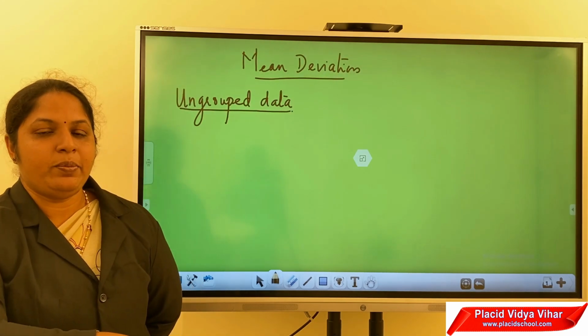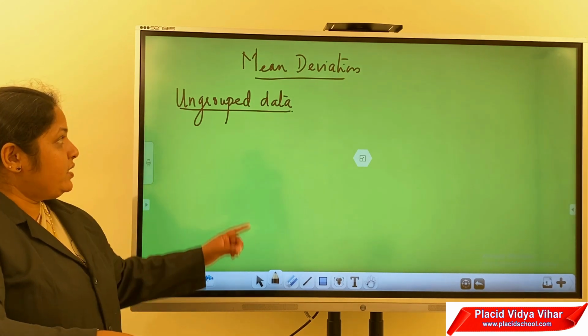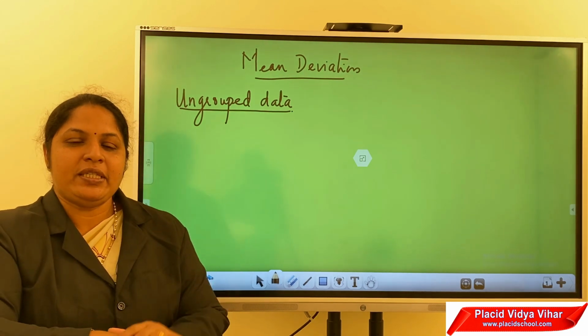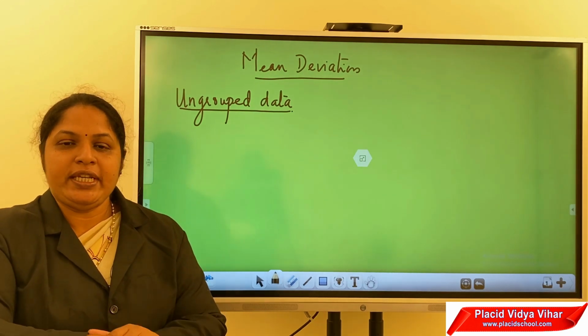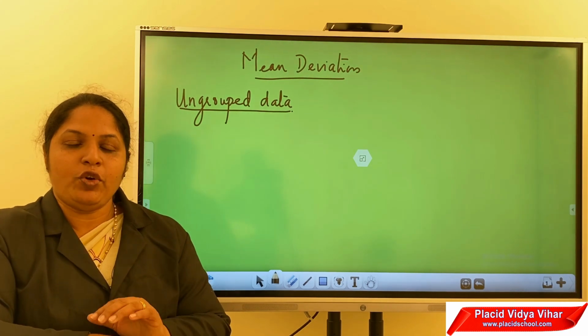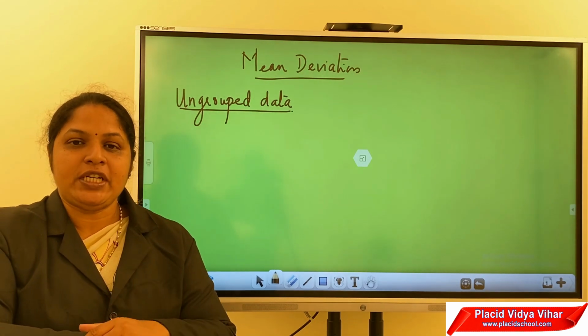Now we will discuss mean deviation for different types of data. First we will discuss mean deviation for ungrouped data. That means the data will be simply given, and no frequencies are there. For ungrouped data, step 1: first find the measure of central tendency.